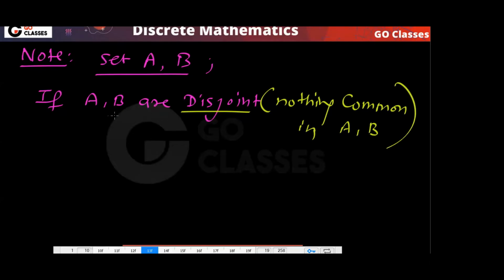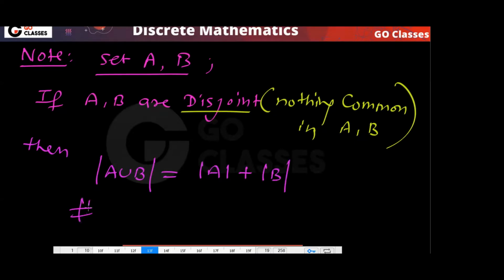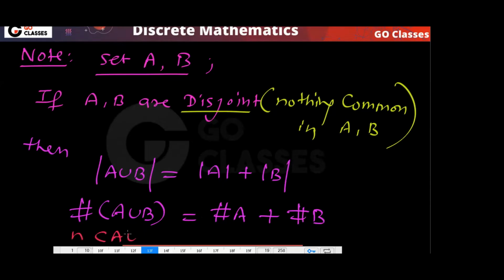So if they are completely disjoint, then I can say that the number of elements in A union B will be the number of elements in A plus the number of elements in B. All these three things are the same.